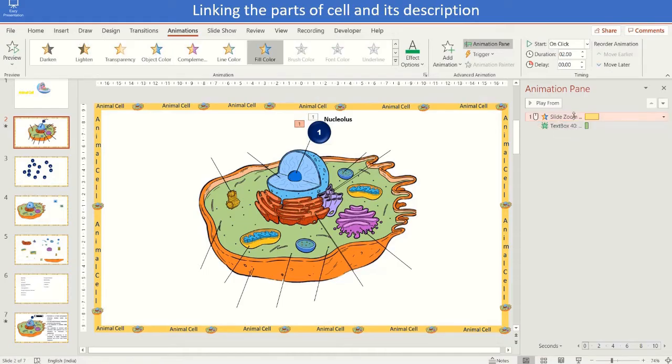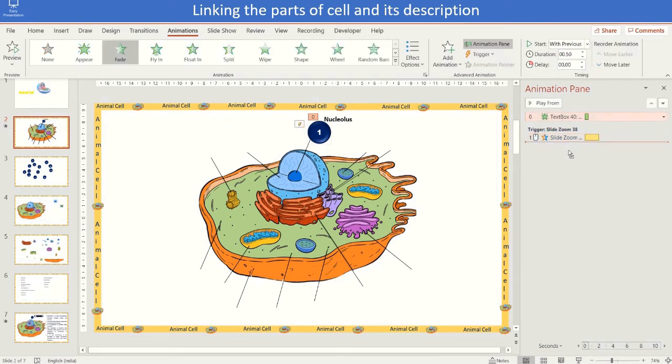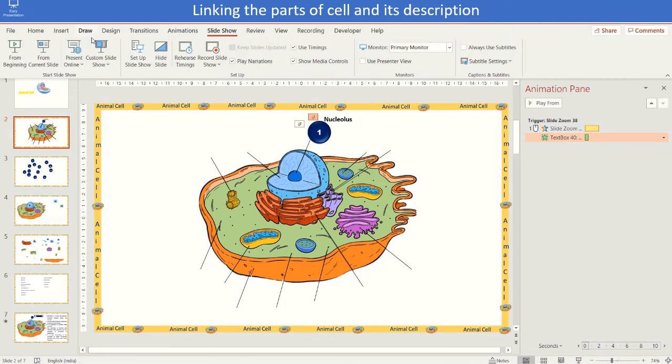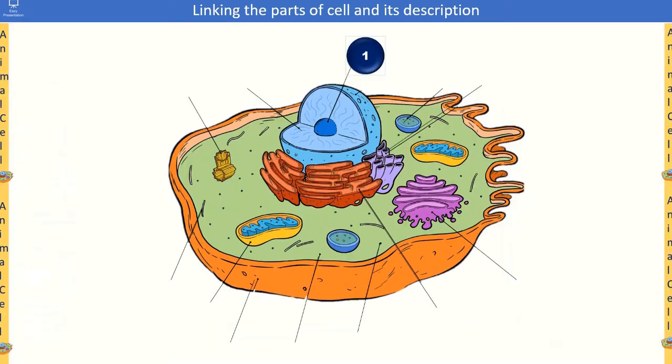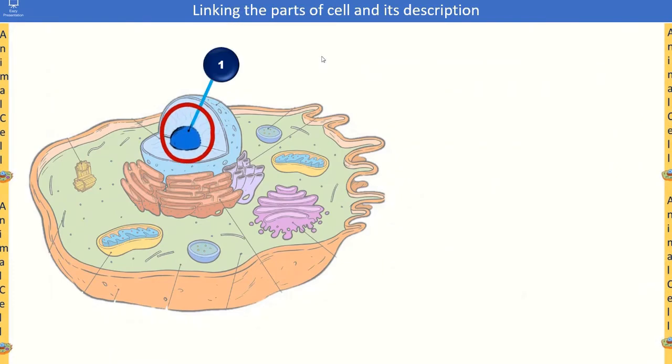Place both the animations and give trigger as the respective slide zoom. If you want, you can rename all the images in the selection pane. Now just check whether the slide is going back to the main slide.